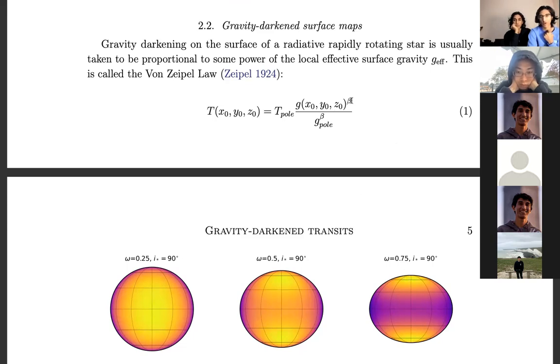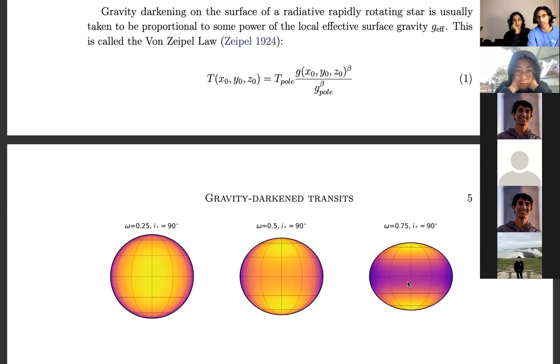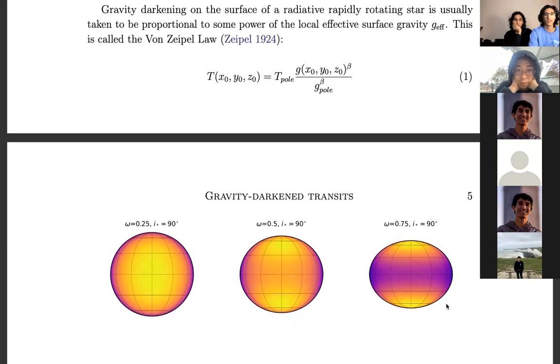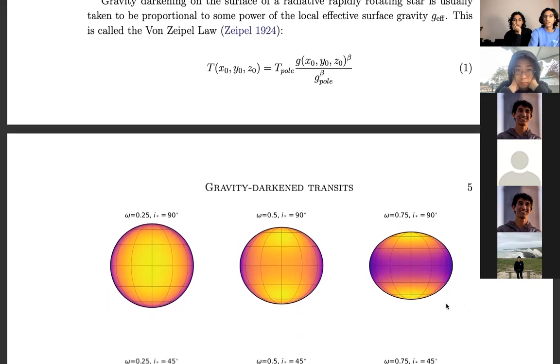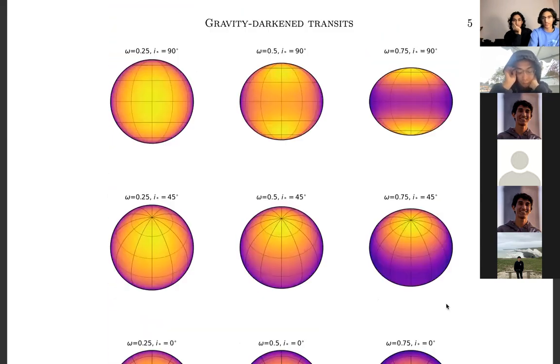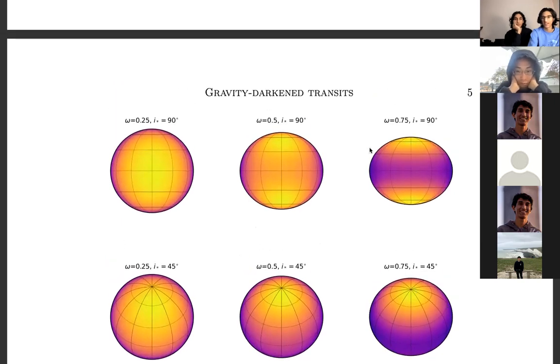But this exponent beta is also a very poorly understood quantity as well. And part of this paper is to help build our understanding of gravity darkening itself as a phenomenon.